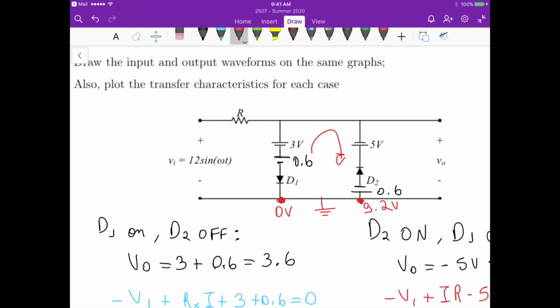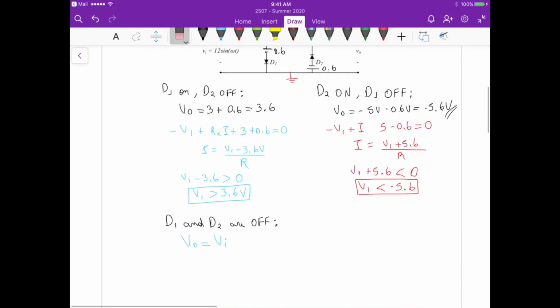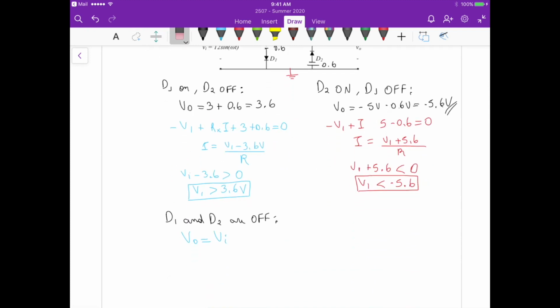So it's not possible that diode 1 and diode 2 are on at the same time in this circuit. So there is no such case, and we don't need to worry about it. The only important cases are D1 on and D2 off, D2 on and D1 off, and D1 and D2 off at the same time.